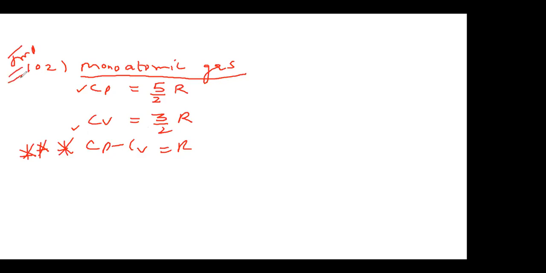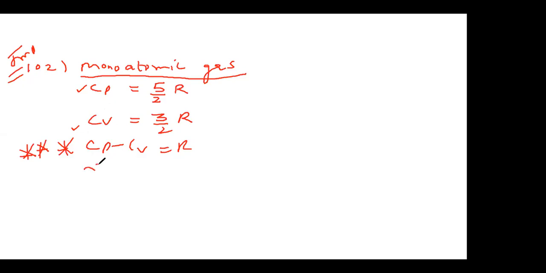If gas is heated at constant pressure, then what percentage is increasing internal energy and what percentage is involved in expansion? This we have to calculate. इसका मतलब क्या है? Cp molar specific heat at constant pressure, Cv is at constant volume.